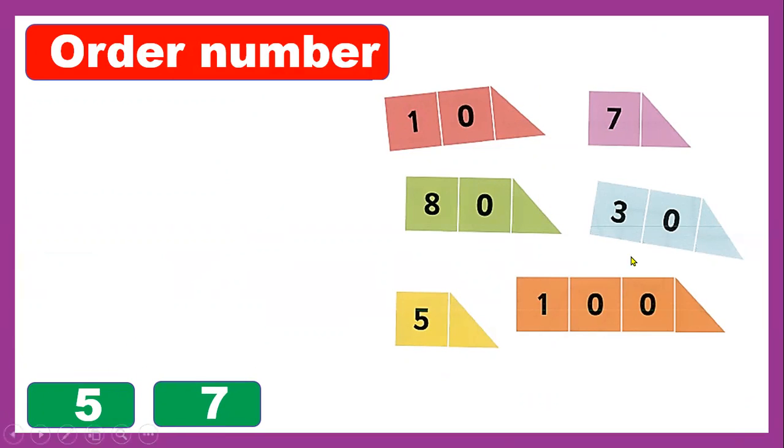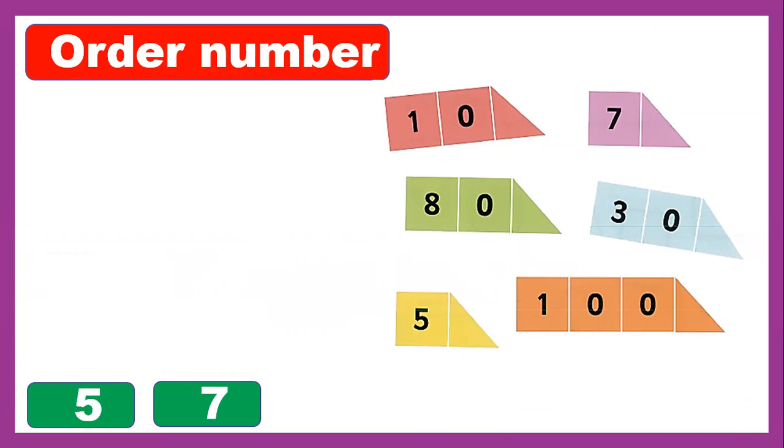Now we have 30, 10, 80, and 100. Now you have to find out which one is small. As you can see, 0 is small, 0 is small, and 0 is small. We have the same 0. What to do? You have to go to the tens.